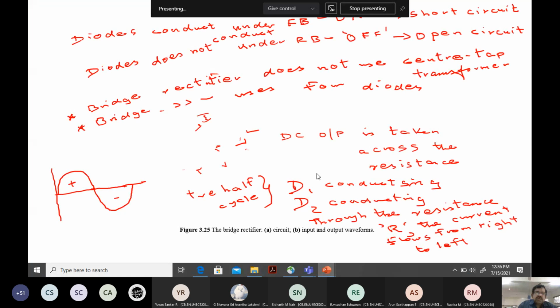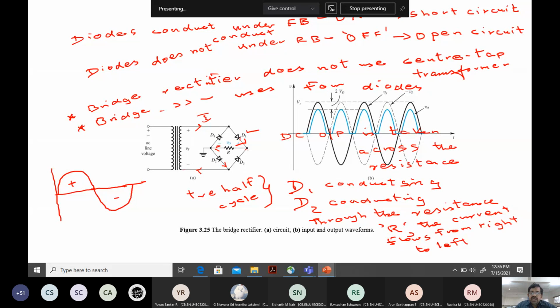So look at here, this is my positive half cycle. Let us look at the negative half cycle. Diodes D1 and D2 conduct under forward bias during the positive half cycle. Because D1 and D2 are under forward bias when the positive half cycle input is felt by these diodes, D3 and D4 do not conduct. So only two diodes conduct. That is clear.